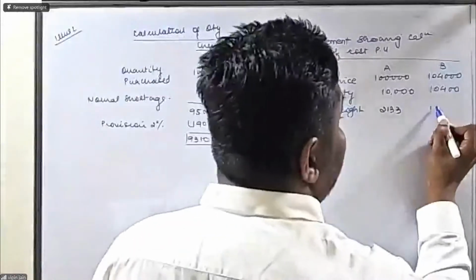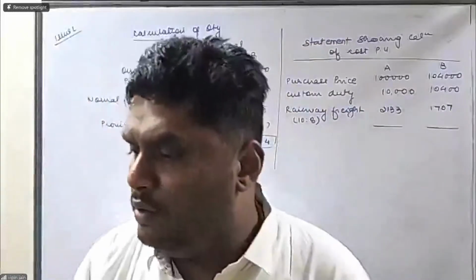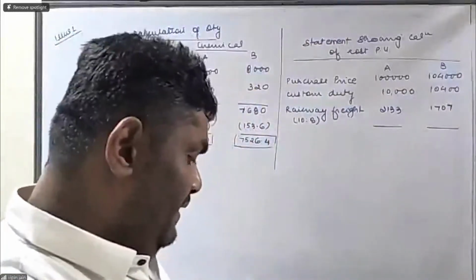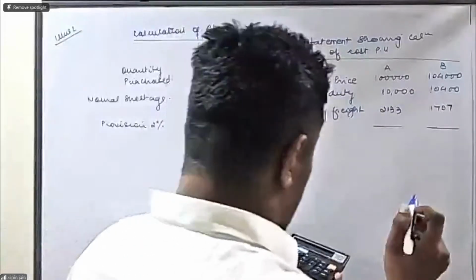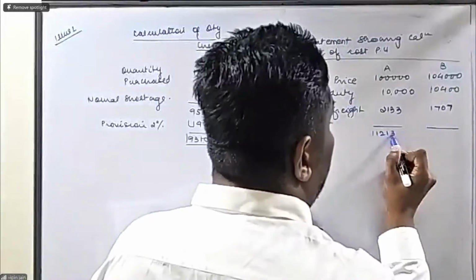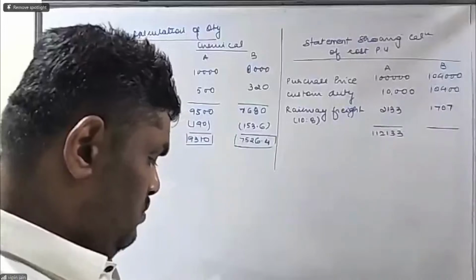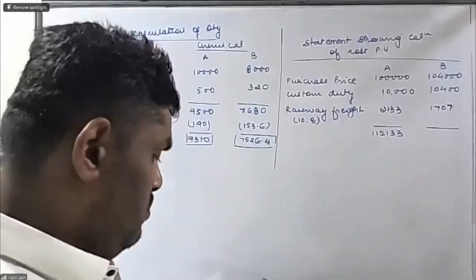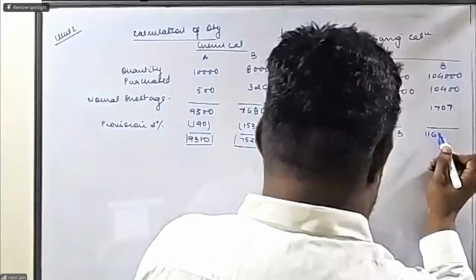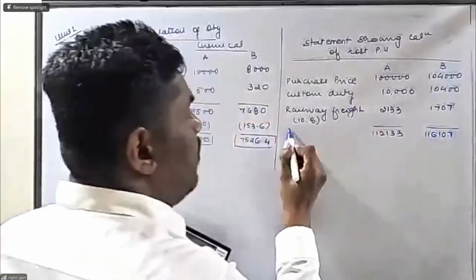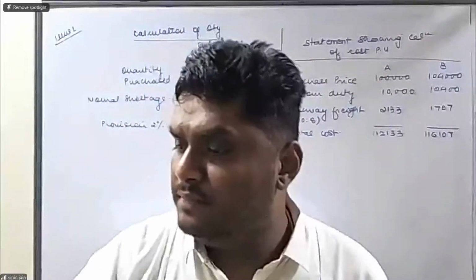This will be 1,707. So this is how we will get the total amount, that is 1,10,000 plus 2,133. So we have got the total cost.